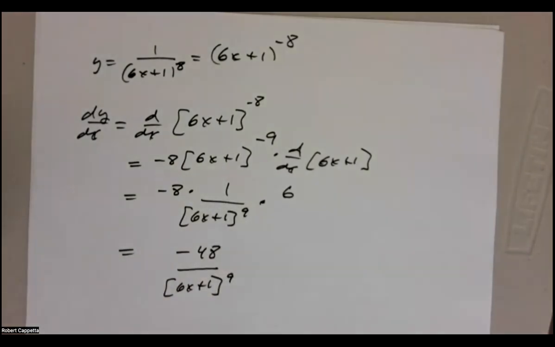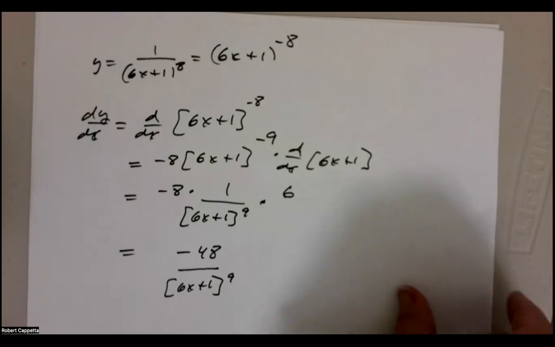Good enough. And then the last one in that set of problems is sine to the 4th power of 9x. Again, we're going to peel this as we work through it. Peel all these various pieces off. So what do I have?